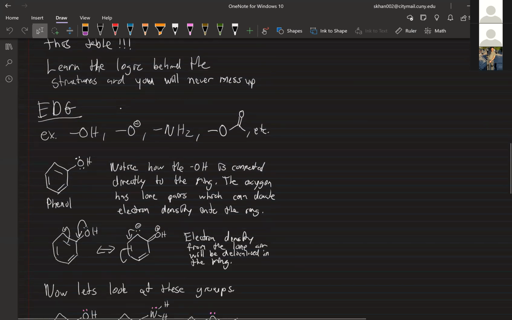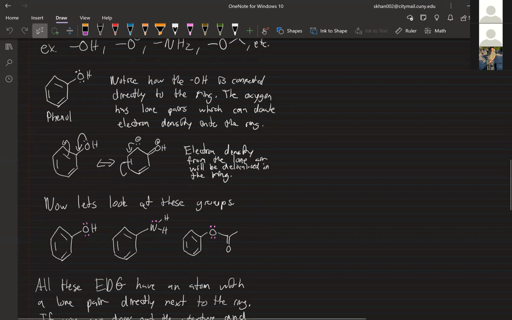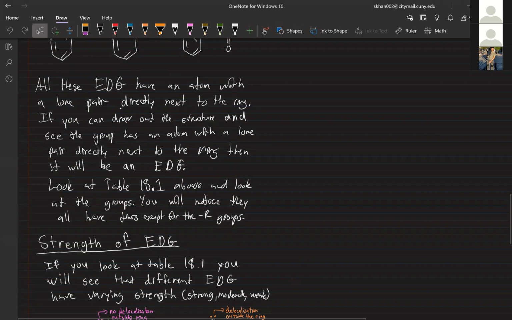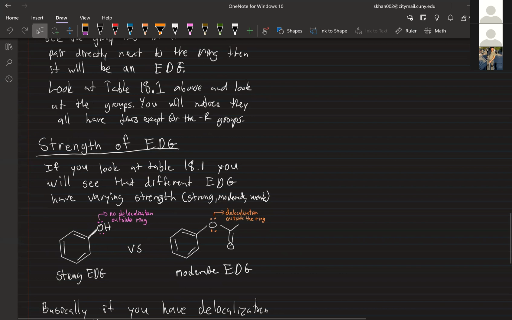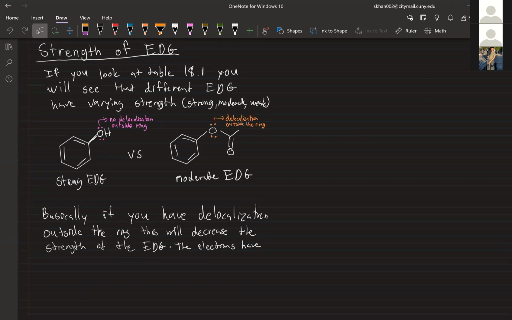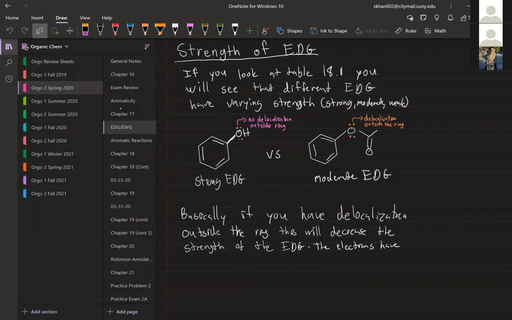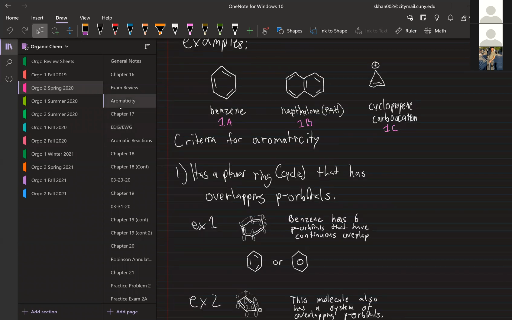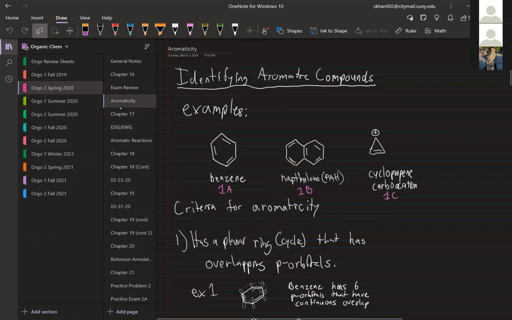Just learn the logic behind all the structures here. I have all this stuff written out, if you guys want to go over that in one of the review sheets. I honestly forgot I even wrote this. This was so long ago, spring of 2020. Anyways, it's there for your use.